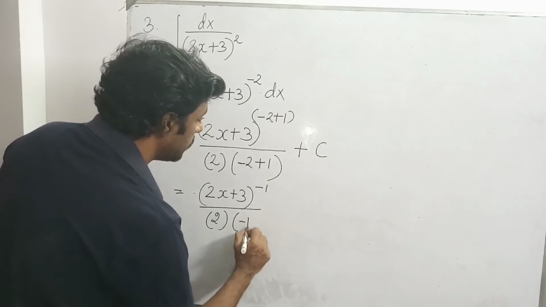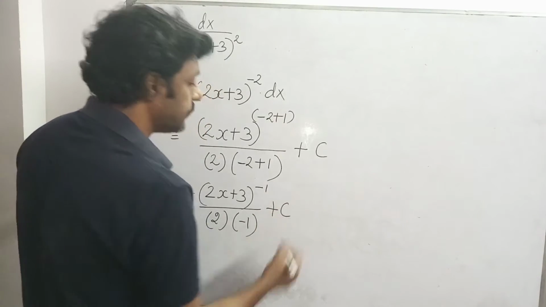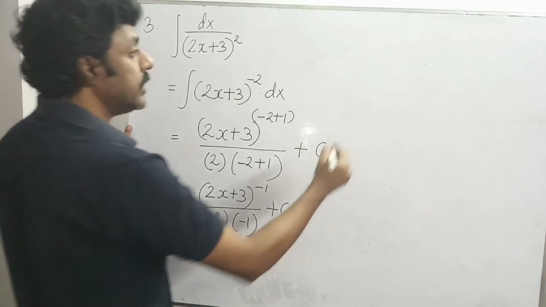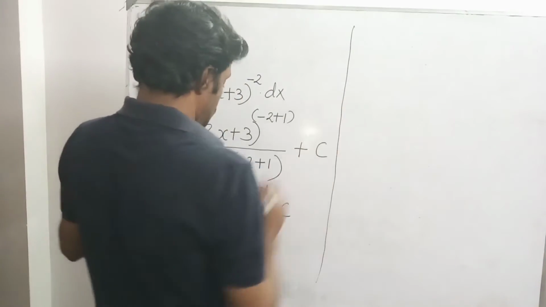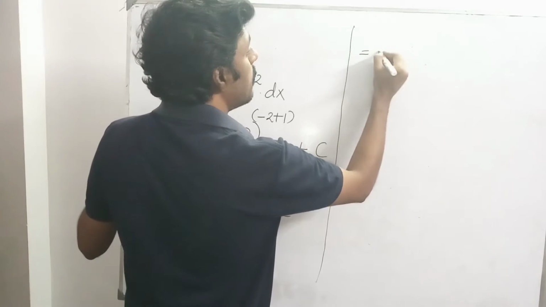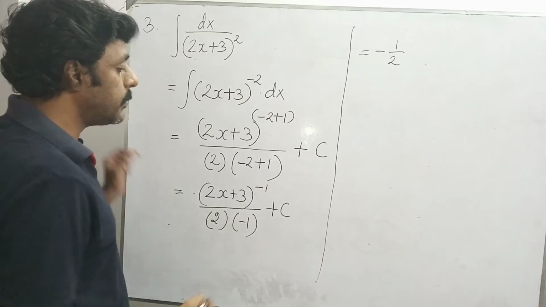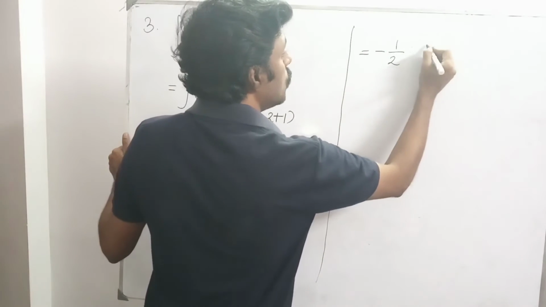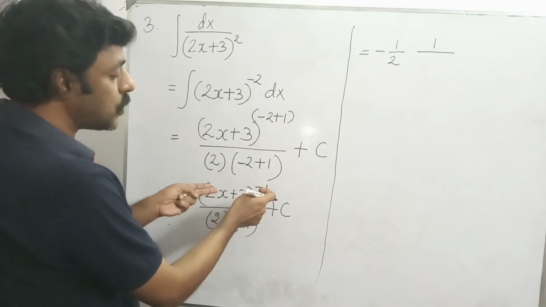So it will be 2x plus 3 whole power minus 1 divided by 2 into minus 1 plus c. So now I am putting here minus 2. So it will be minus 1 by 2 into 1 divided by 2x plus 3 to the power minus 1.